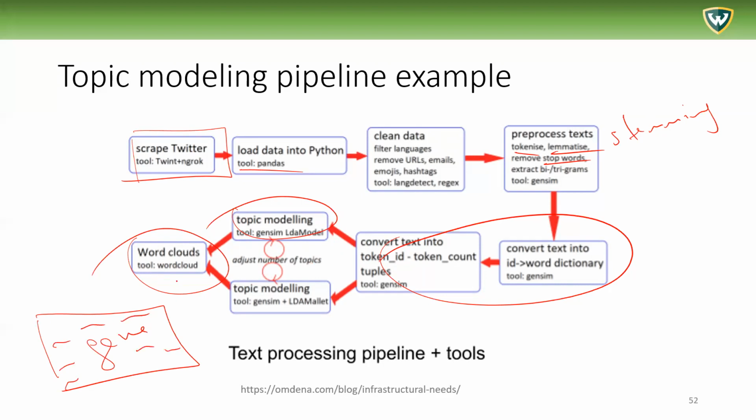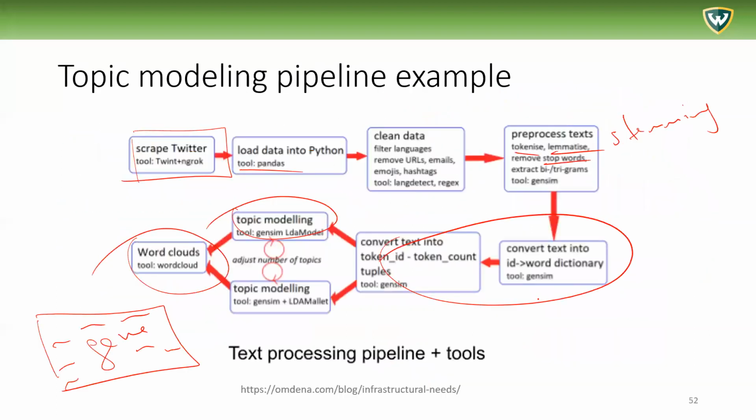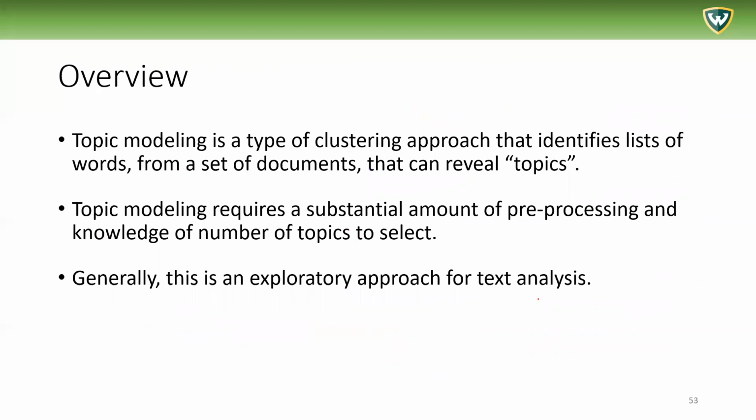Often it is just one word cloud you will see, but topic modeling will result in a list of lists of sets of words, as we saw over here, where topic one is a list of words. Multiple lists. The topic modeling results in multiple lists of words, and that's the general result of topic modeling. So topic modeling is a type of clustering approach that identifies lists of words from a set of documents that can reveal what we can think of as topics.